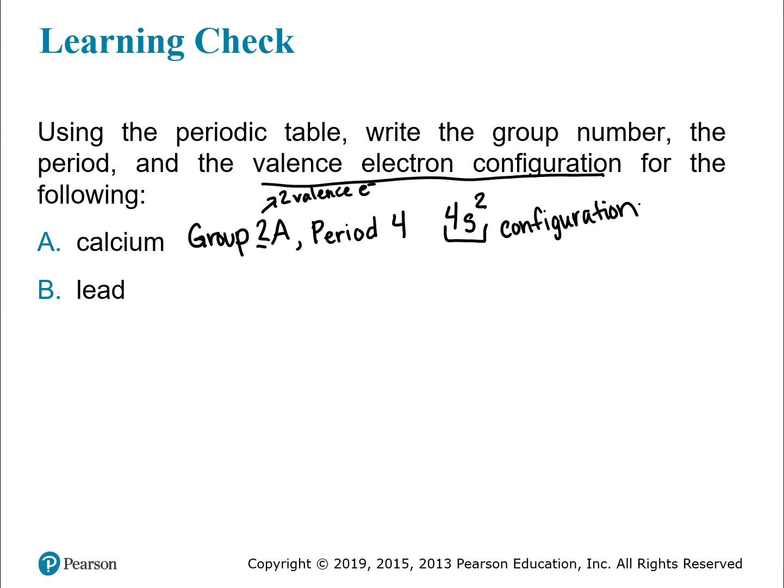Does that last part make sense about the valence electron configuration? I know you got the first 2 parts down. Question, go for it.